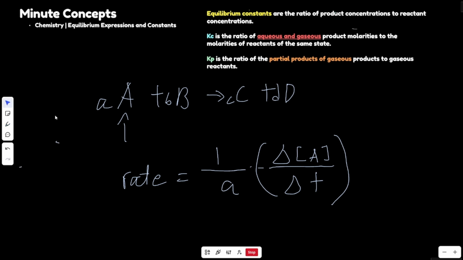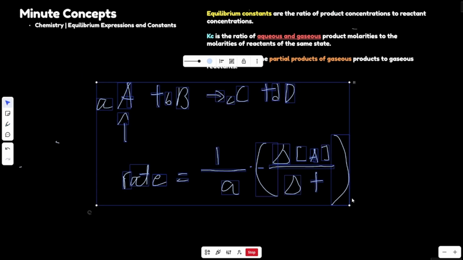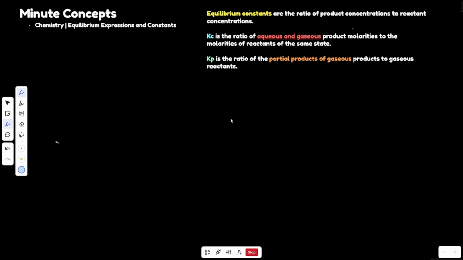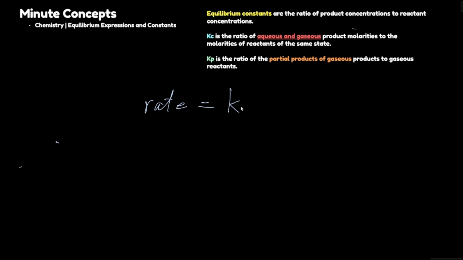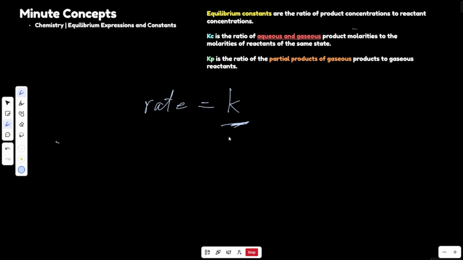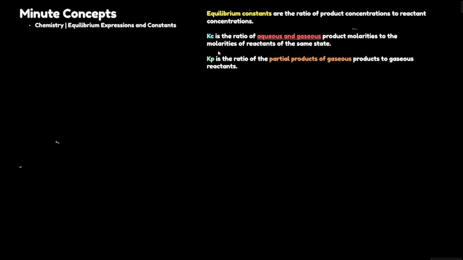We also have in kinetics what we call the rate law, and the rate law is given as the rate constant multiplied by the concentration of A and the concentration of B with their respective orders. So, why does this matter? We can see that constants and expressions are both common in these two concepts.